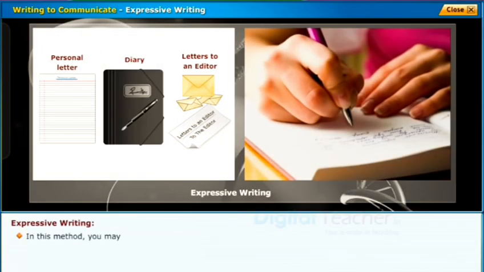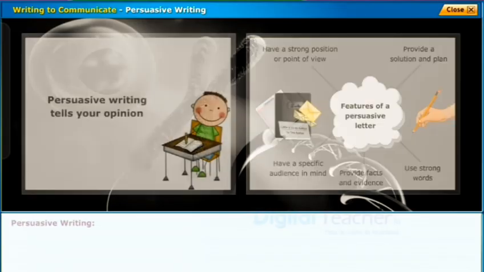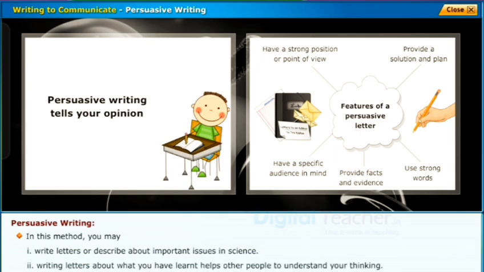In this method, you may write letters, poems, songs. Persuasive writing. In this method, you may write letters or describe important issues in science. Writing letters about what you have learned helps other people to understand your thinking.